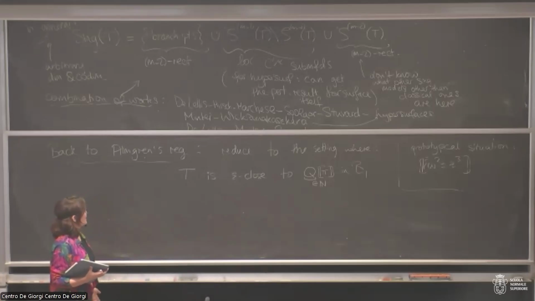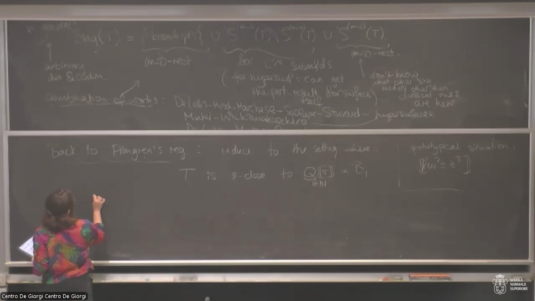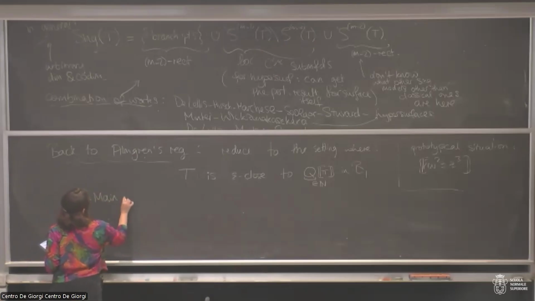And so then comes in Almgren's center manifold, which is basically exactly the thing you need to get around this. So the main idea.